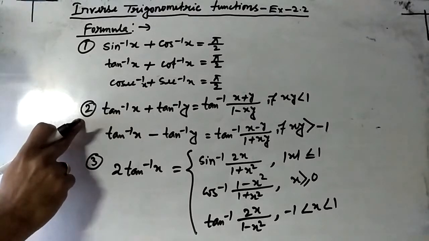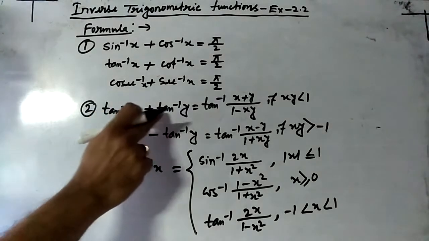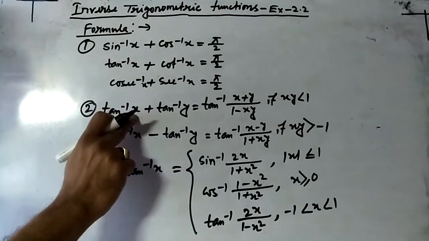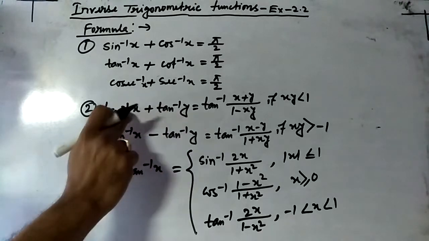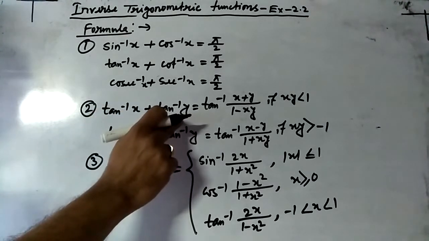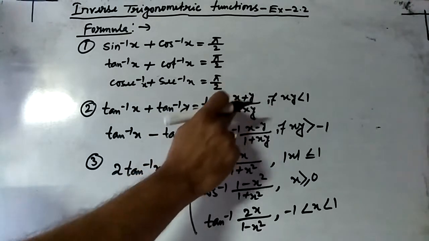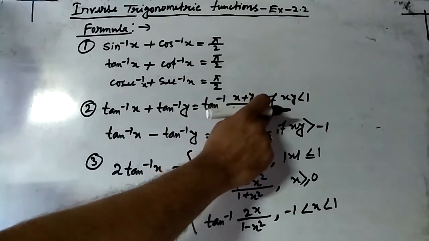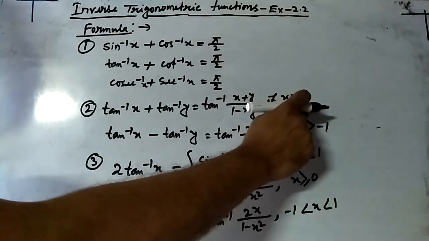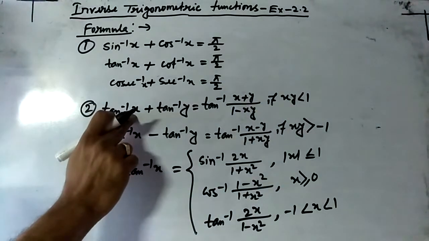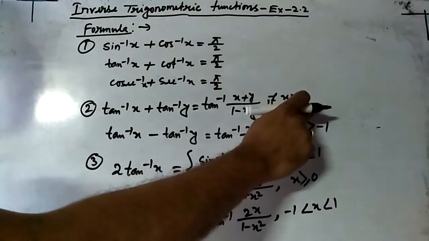Second formula: tan inverse x plus tan inverse y. Here x and y, whether different or the same, doesn't matter. Its formula is tan inverse of (x plus y) upon (1 minus xy), if xy is less than 1. That means if we multiply x and y, it should be less than 1.